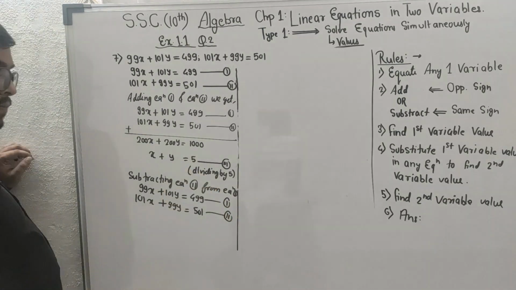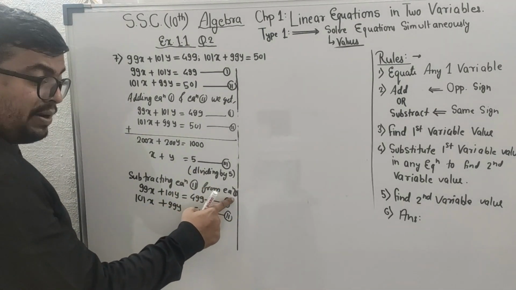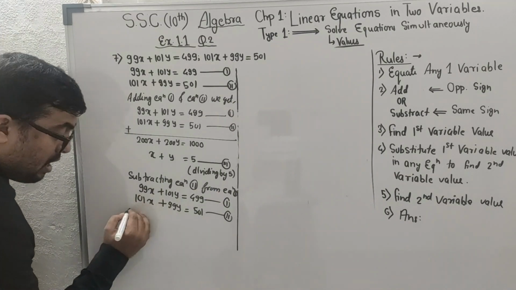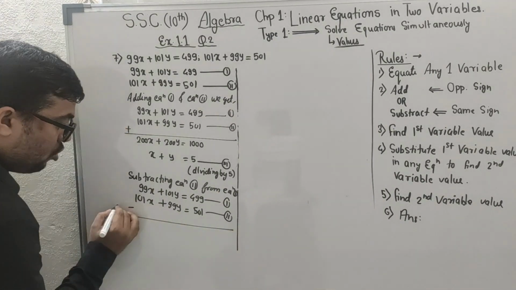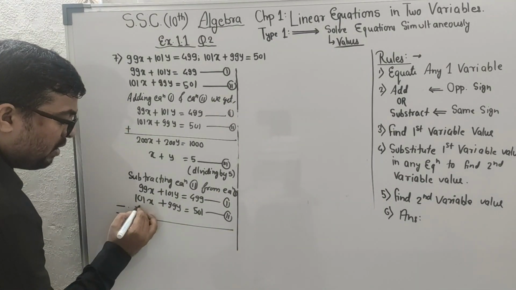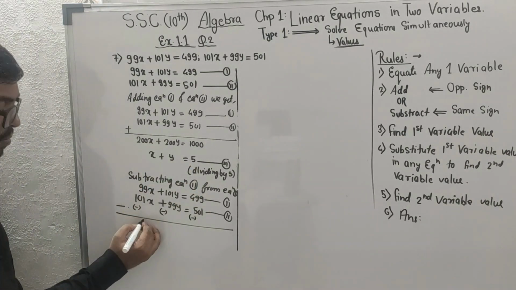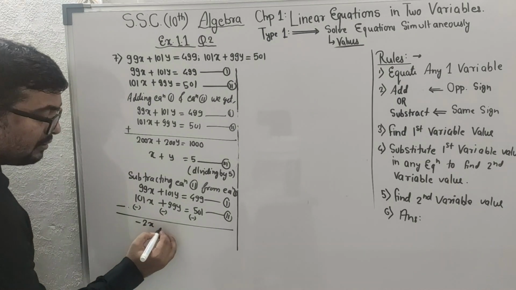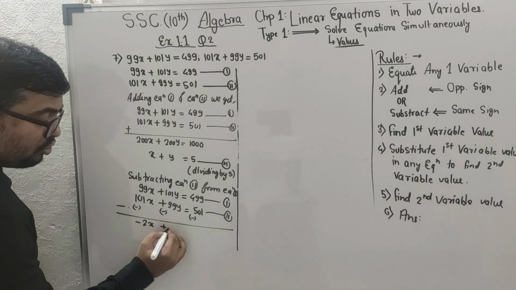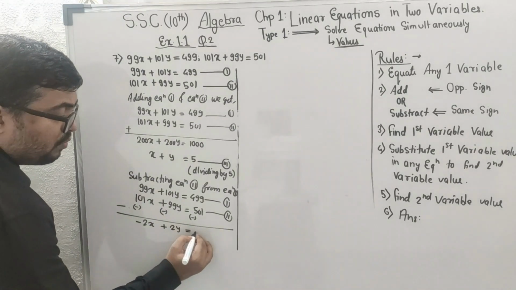Again students, what comes after "from" you have to write on top. In case of subtraction, you will change the sign. This will become negative, this will become negative, this will also become negative. So this will become minus 2x plus 2y is equal to minus 2.